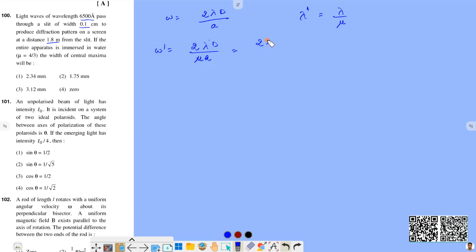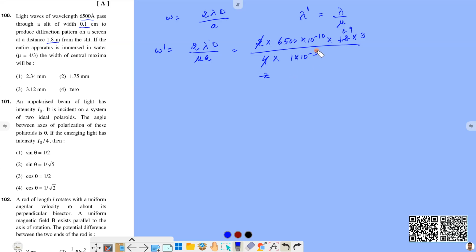So this will be twice lambda, which originally is 6500 into 10 to the power minus 10, where D is 1.8, and mu is 4 by 3, so 4 into 3, and the slit width is 0.1 centimeter, or 1 into 10 to the power minus 3. Now we can cut it by half, and this will be 0.9.